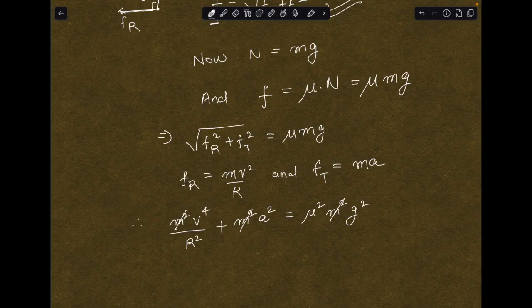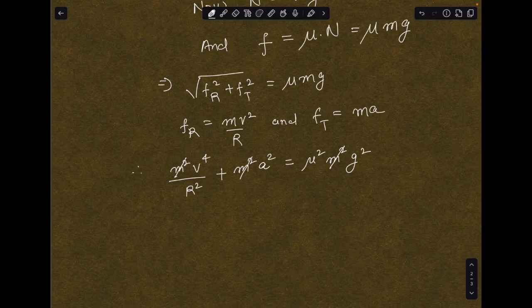We had just assumed that the mass of the car is m. So this implies that v to the power 4 upon r square plus a square equals mu square g square.